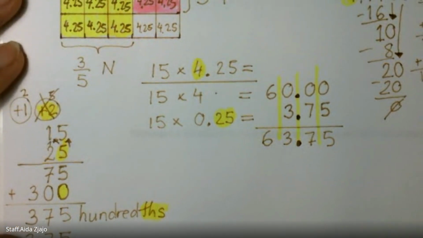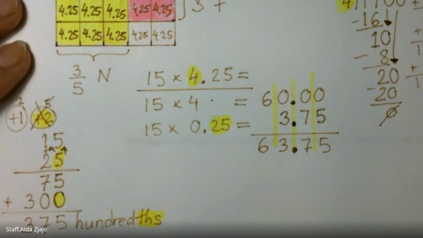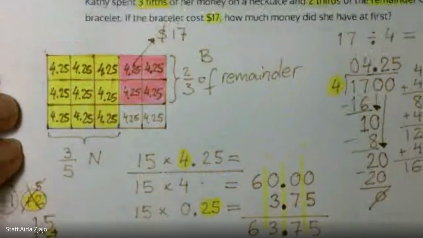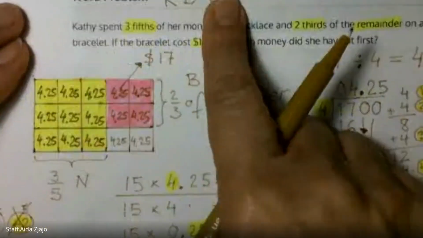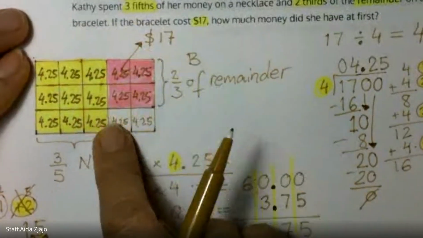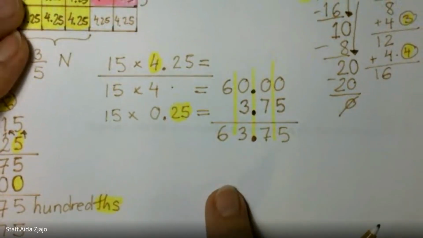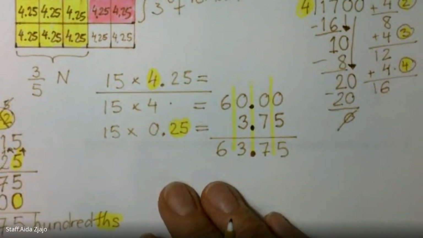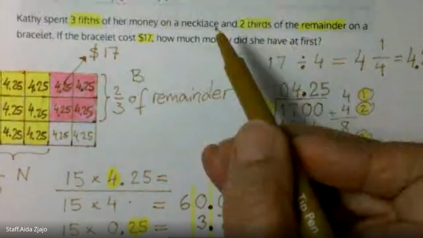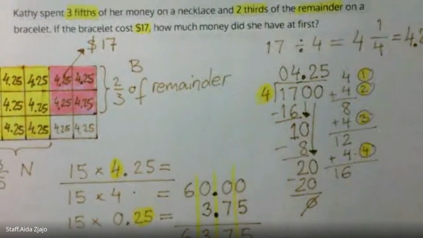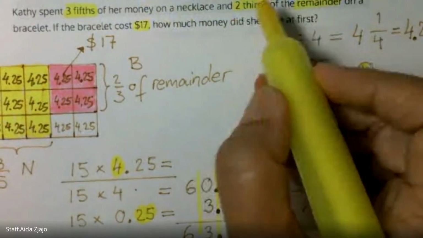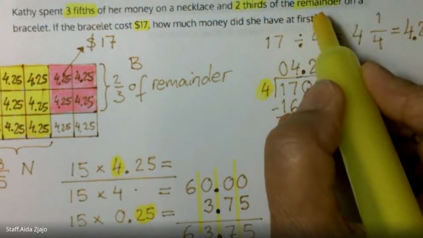So the last thing is to write, because we're using read, draw, and write. We read, we draw, we calculate, and then we also write our answer in writing. So we can use the language from the question. So when we look back, it says, how much money did she have at first?